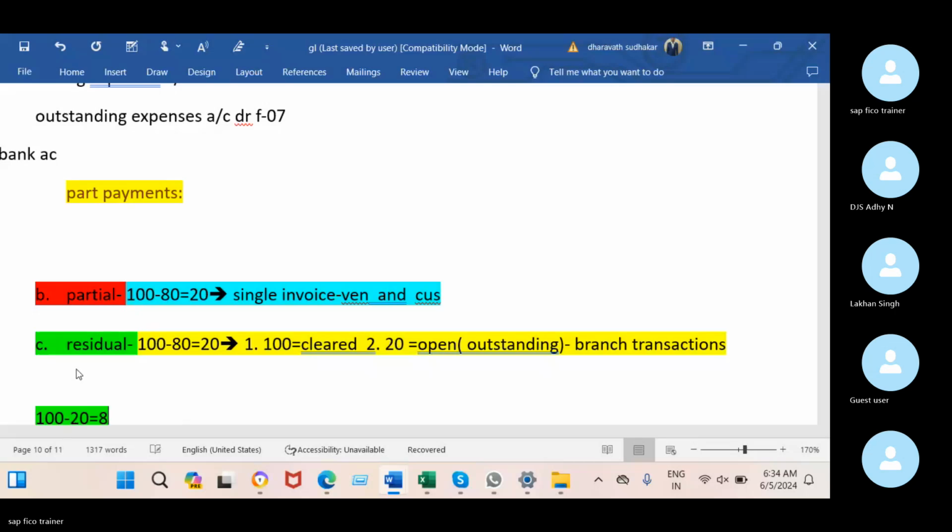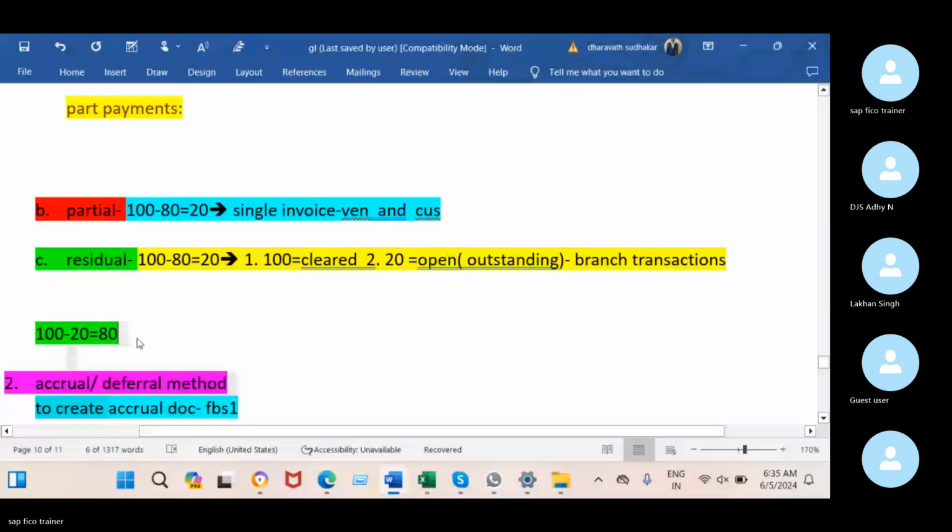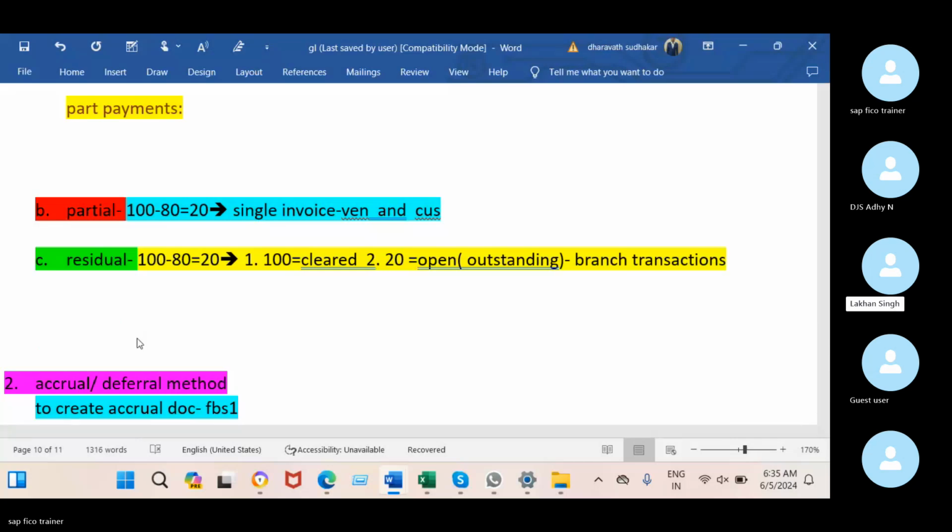The impact is 80 is the balance you paid. So in this case, for 100 it is generating one invoice, and for the outstanding 20 it is generating a second invoice. It is not taking care of the 80. Is it clear? I think this will be clear on a practical basis.